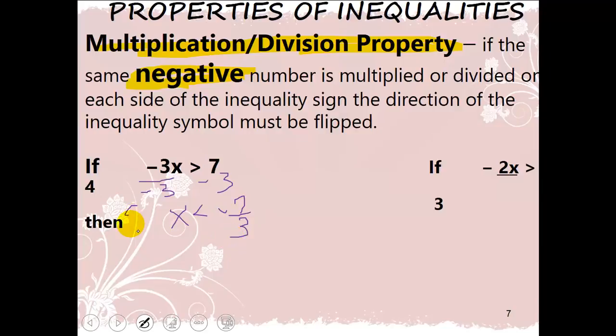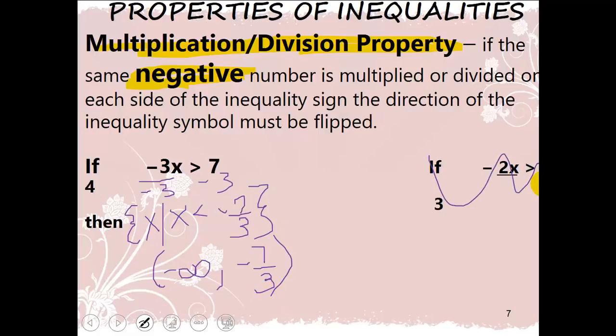And in set notation, it's written like that. And in interval notation, it goes off to the left forever. That's -infinity. We always use a parenthesis with -infinity. And then it goes up to -7/3, but does not include -7/3, so we use a parenthesis. I'm going to skip this one because it's kind of off the page.